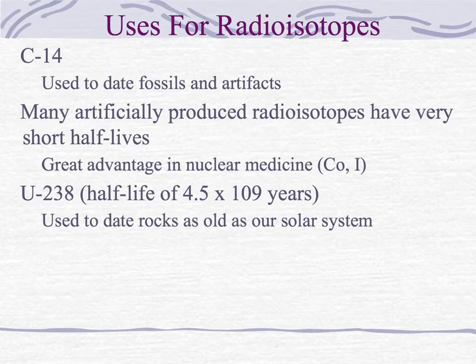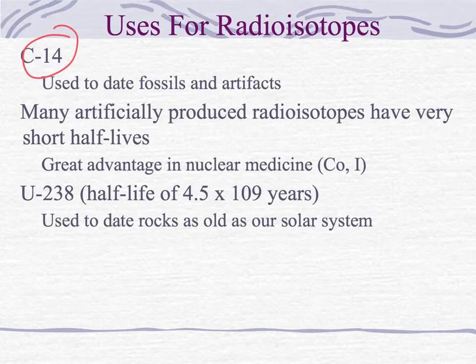Now, here are some common uses for some of the radioisotopes that you might already be familiar with because you might have read about these in even history books, especially carbon-14. Carbon-14 is what they use for carbon dating to determine how old some of the fossils are.